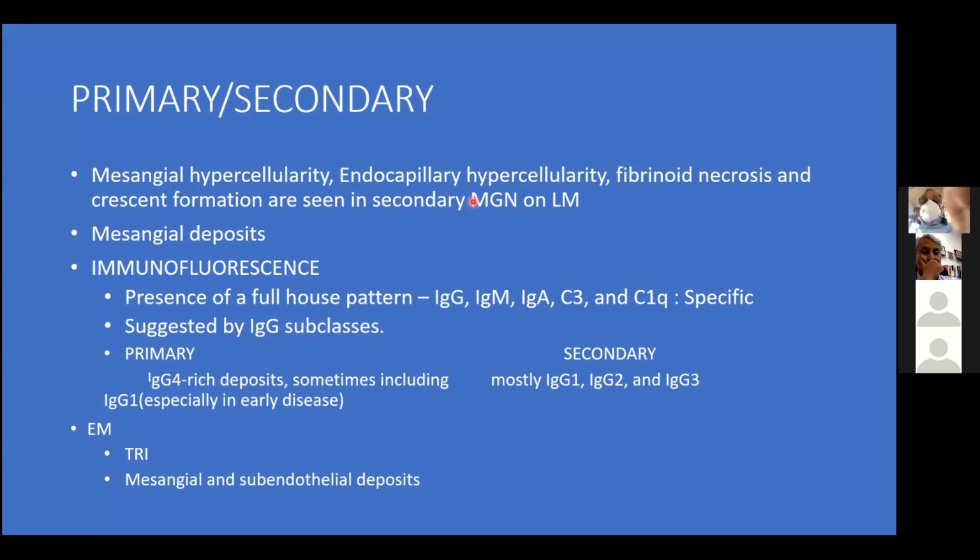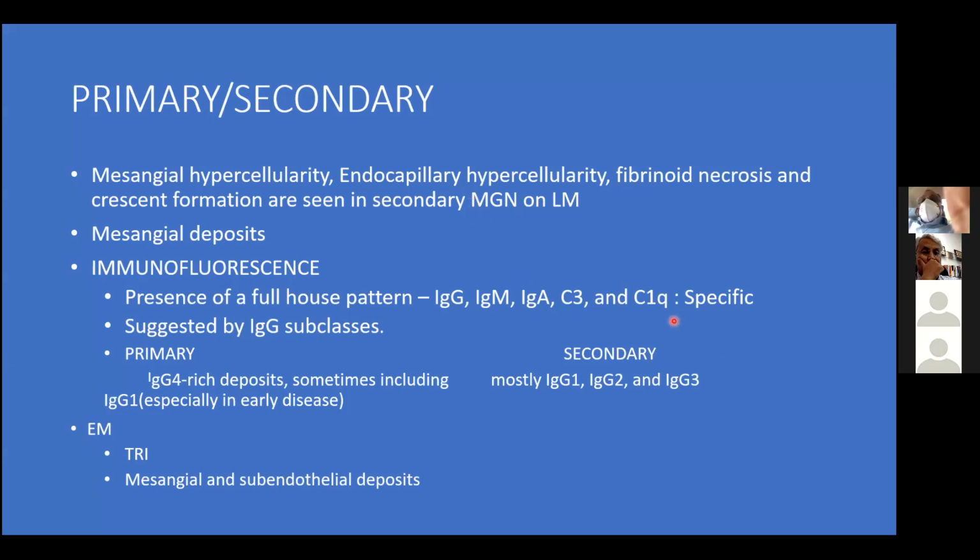On immunofluorescence, if you are seeing deposits of IgG or lambda in the mesangium, apart from the capillary wall, that is also telling that we are dealing with a case of secondary membranous nephropathy. Usually in primary membranous nephropathy, C1q will not be there.